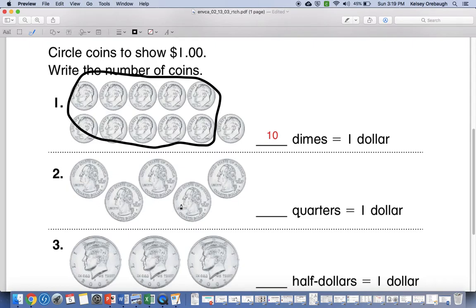So 4 quarters equals $1. Let's chant again together. Skip count by quarters. 25, 50, 75, 100. 1, 2, 3, 4 quarters in $1. $1 is 100 cents. 4 quarters is 100 cents.